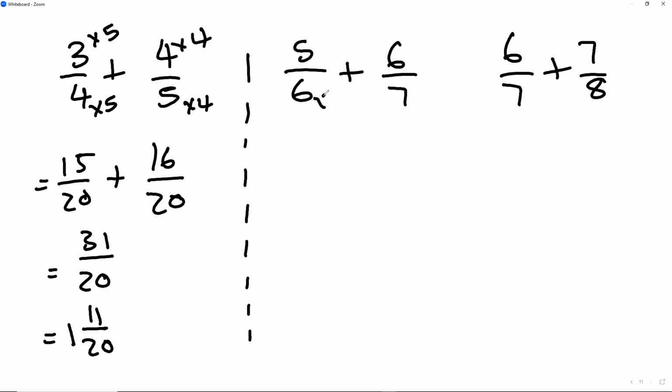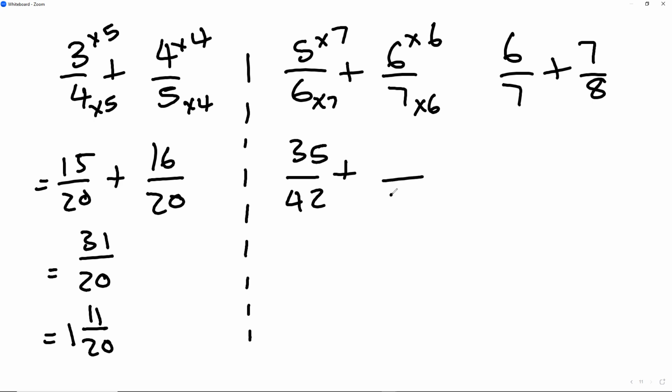Over here, I'm going to multiply this by 7, multiply by 7, multiply it by 6, multiply it by 6. This will become 42. That'll be 35. That'll be 42. That'll be 36. And this will equal 35 plus 36.